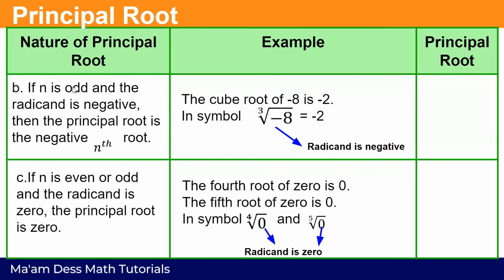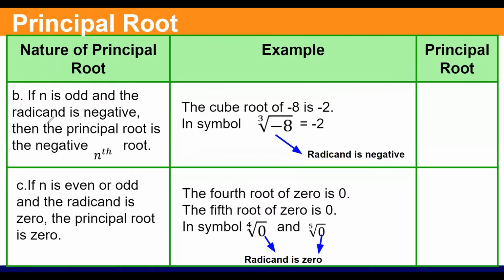Letter B. If n is odd and the radicand is negative, then the principal root is the negative nth root. Example, the cube root of negative 8 is negative 2. So, look at the symbol. Ayan. Sabi po dito, if n is odd and the radicand is negative.